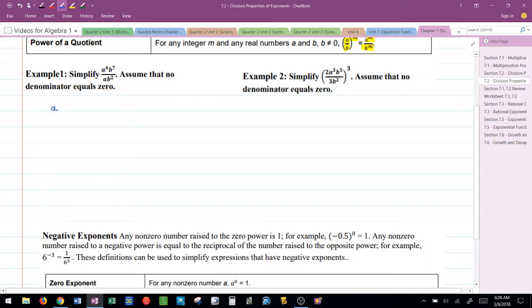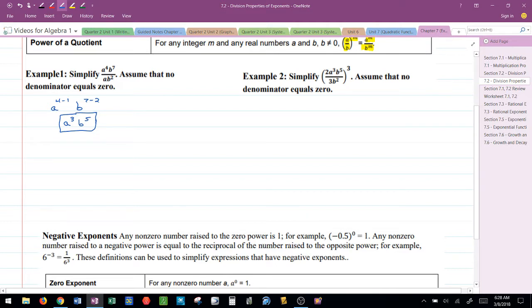So I'm thinking a to the 4 minus 1 power. I subtracted because we're dividing. Remember that the a on the bottom has a power of 1. Then I've got b's, and b would be 7 minus 2. This leaves me with a to the third, b to the fifth, and I'm done. It's literally that easy. You just have to focus on doing one thing at a time.